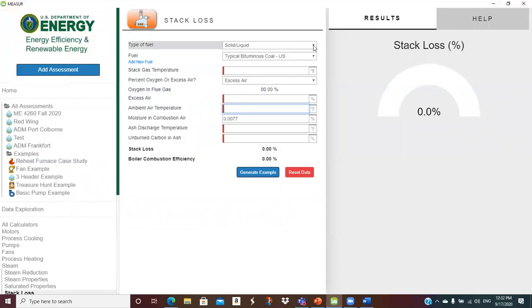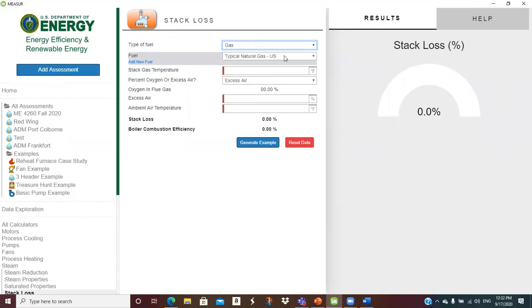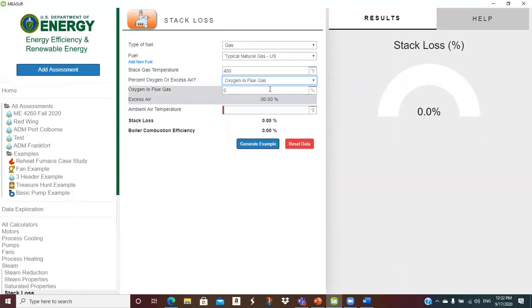Okay, so we need to tell it what fuel. So we're going to do gas, typical US natural gas. Stack temperature was what, 450? And this will solve for either excess air or oxygen content. Oh, this is what I want to put in. I'm sorry, I want to put in the oxygen content. And so we said 7. And the ambient temperature, we were 70, weren't we?